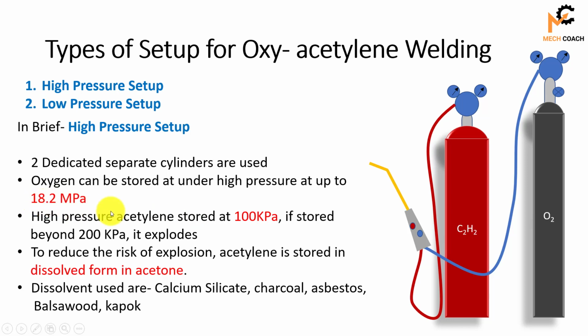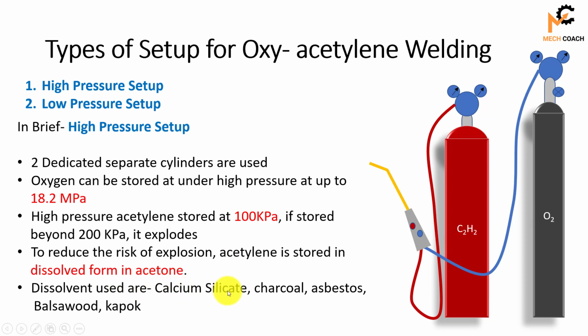But make a note that oxygen can be stored up to 18.2 MPa as it is not explosive, but we can't store acetylene beyond 200 kPa. There is a chance of explosion.